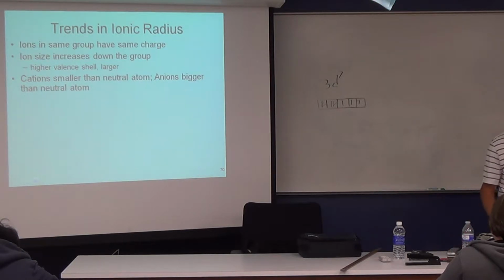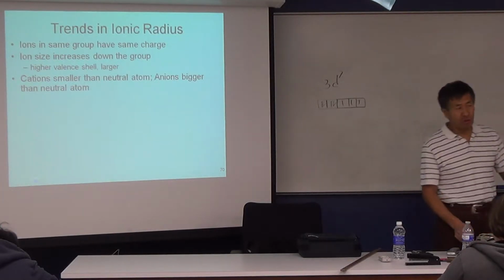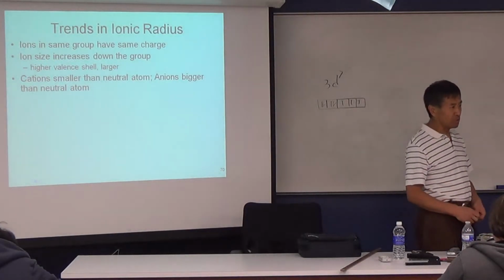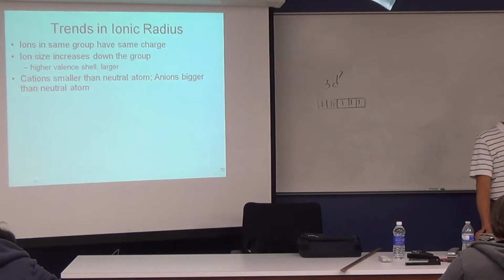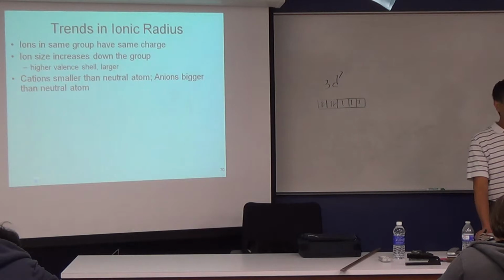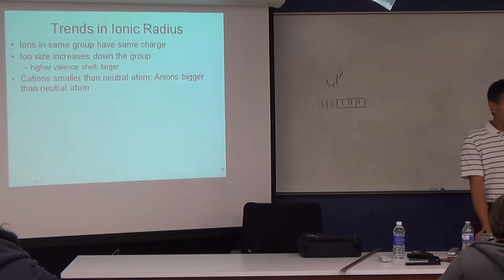Alright, another pattern is to compare the cation and also the anion with the neutral atom. You get the ion from the neutral atom, as you saw when we ran the electron configuration. To get the configuration for Ca2 plus, you get the configuration for Ca first, then you take 2 electrons away, and you get 2 plus.